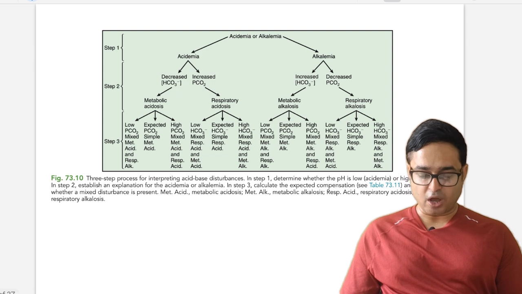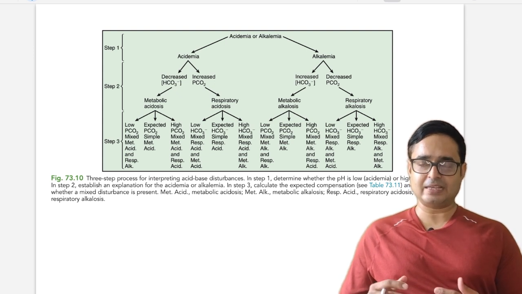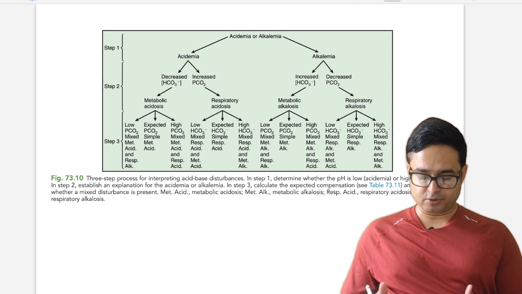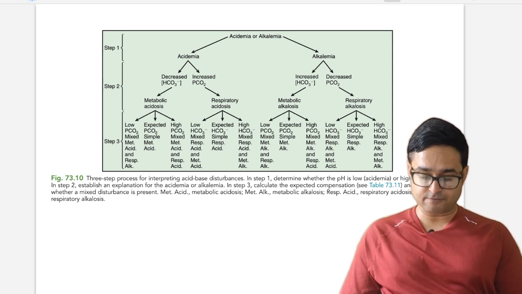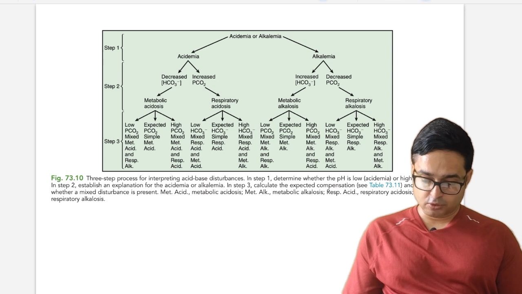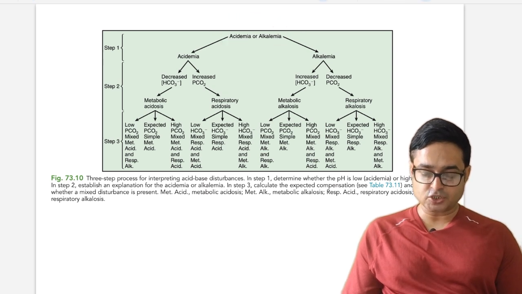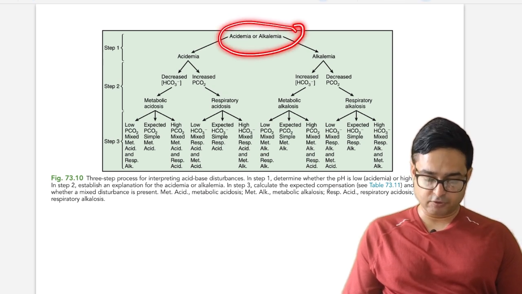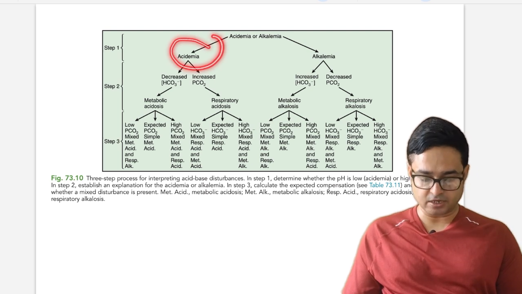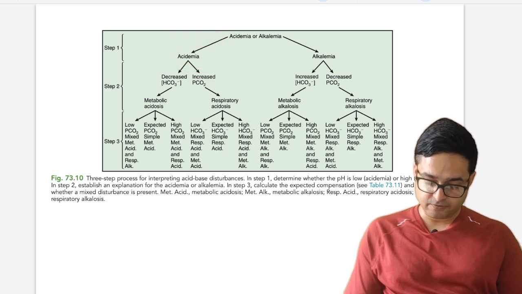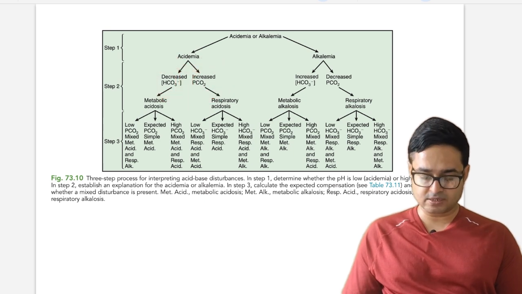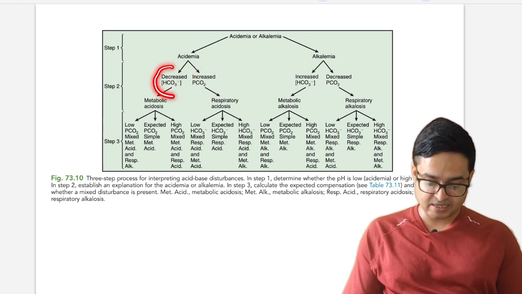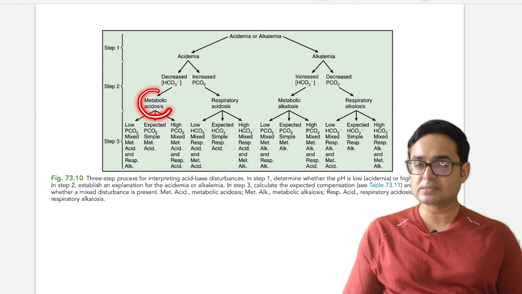So how will you classify acid-base disorders, or will you go beyond this? This is a simple explanation. I will not go into depth of it. Just see whether the pH is acidic or alkaline. If you found acidic pH, good enough. You see, if bicarb is decreasing or PCO2 is increasing, there are two causes. If bicarb is decreasing, it will be metabolic acidosis, simple.